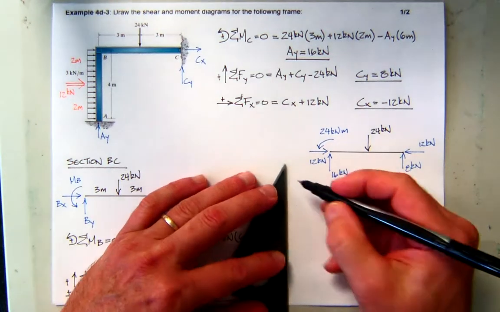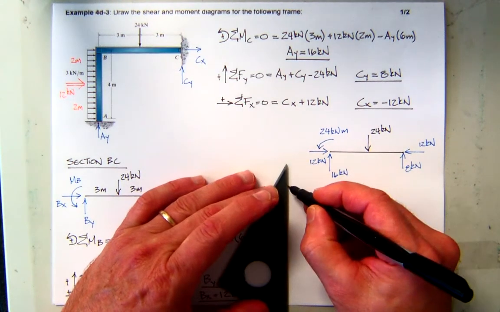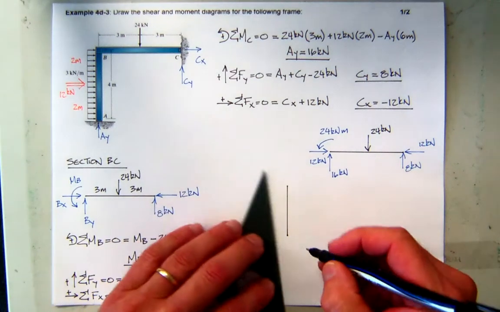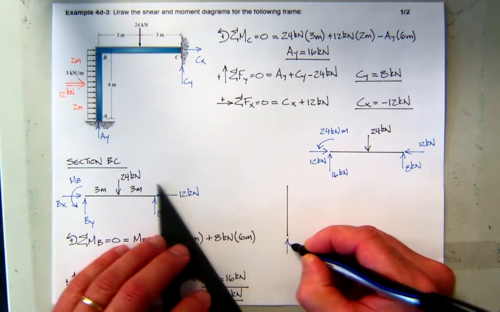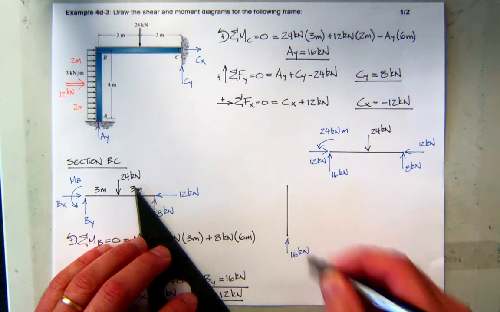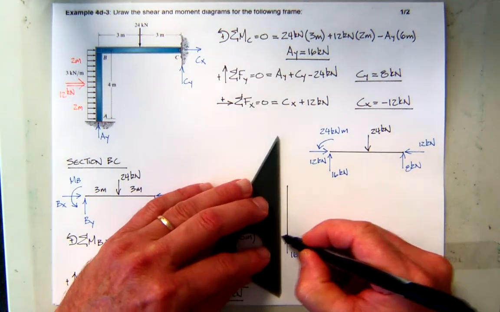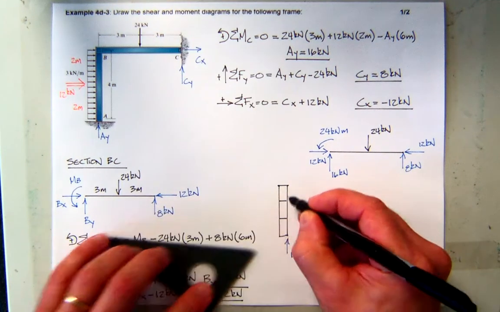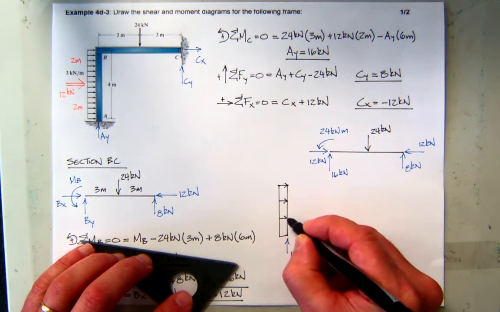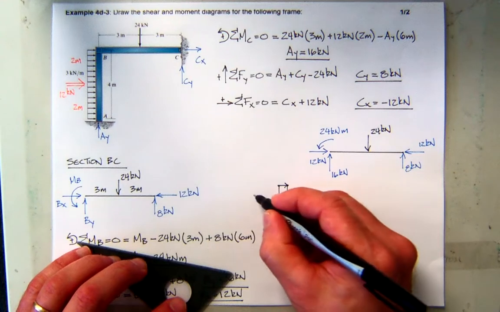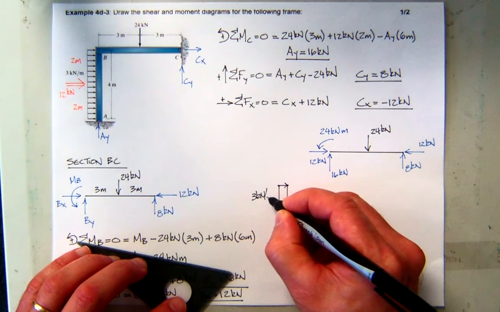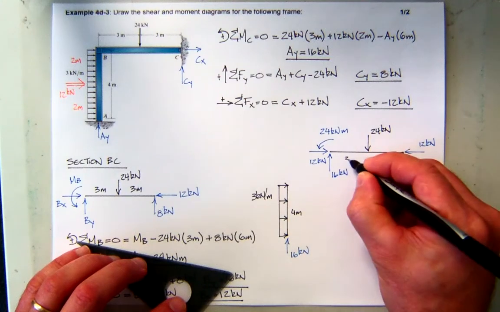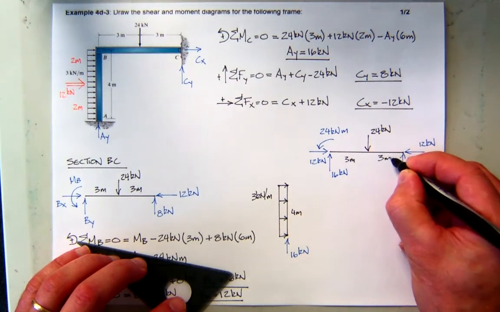Then equal and opposite to that should be what's happening over here on AB. We found AY to be 16 kilonewtons. And of course, along the edge, we have a distributed load which has the value of 3 kilonewtons per meter, and that was 4 meters. I left off the dimensions here. I'll put those in.